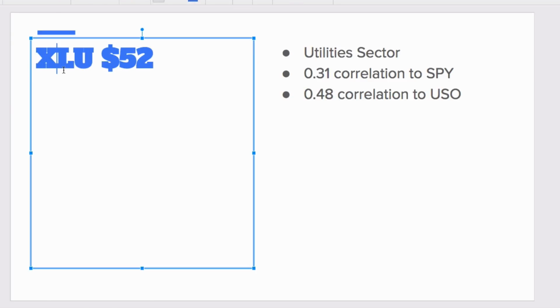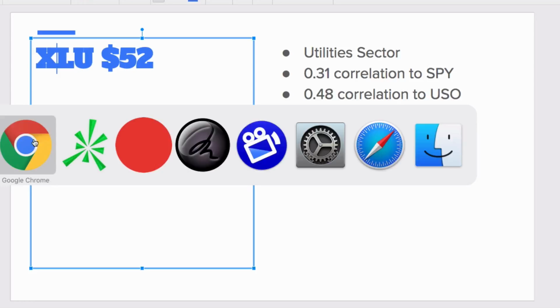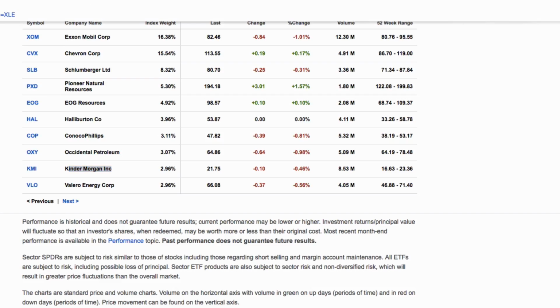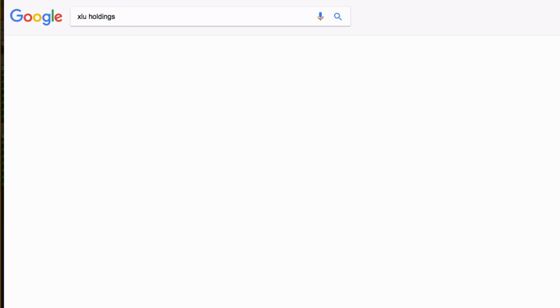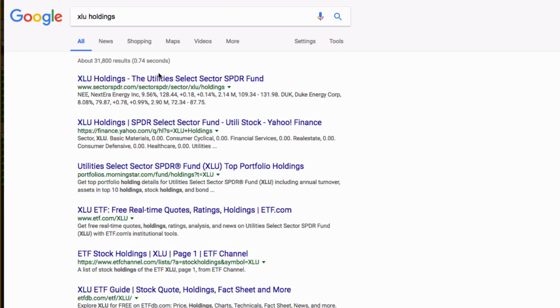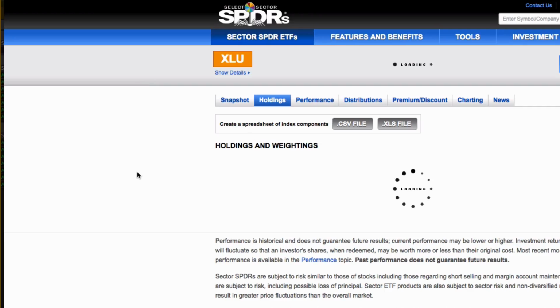All right, XLU. This is not technically in the oil and gas area. This is utilities. So let's do the same thing. XLU Holdings. Let's see, I'm getting a little fancier now, I'll use the word holdings. XLU Holdings utility sector. This is going to be the electric grid companies and things like that.